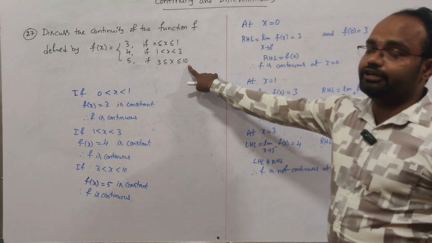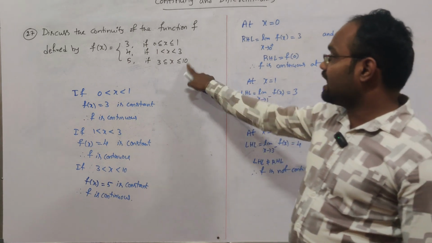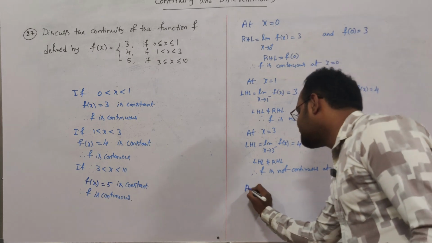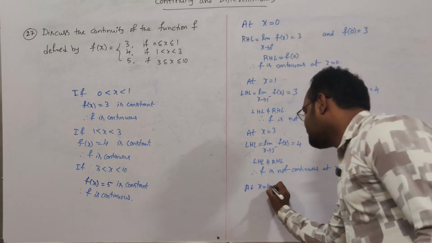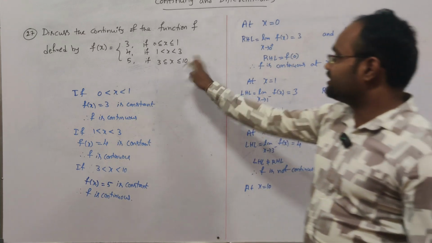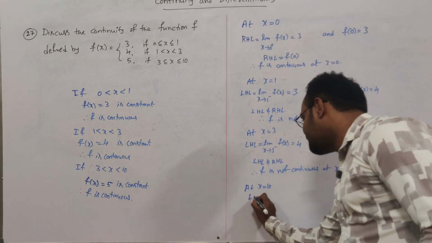Now at the end point 10, we will not get the RHL, we will get only the LHL. So let us take x is equal to 10.